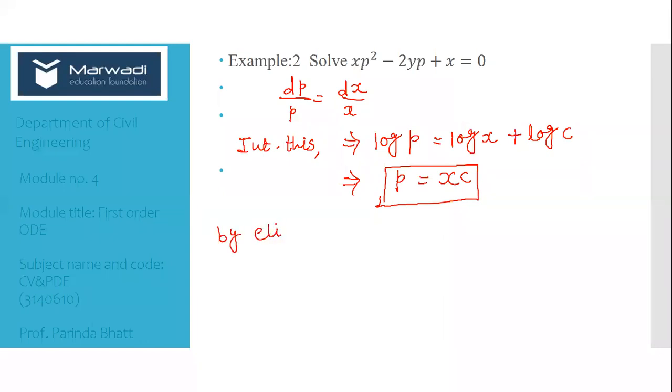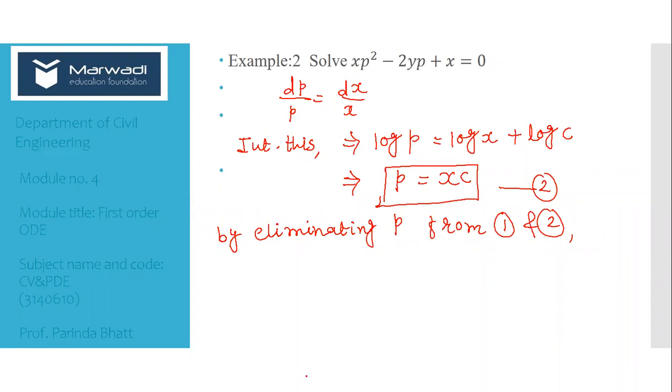Now, by eliminating p from 1 and 2, this is 2. What is the first equation? This is our first equation. I'm writing over here. Equation 1 is y equal to 1 by 2 x p plus 1 by 2 x by p.